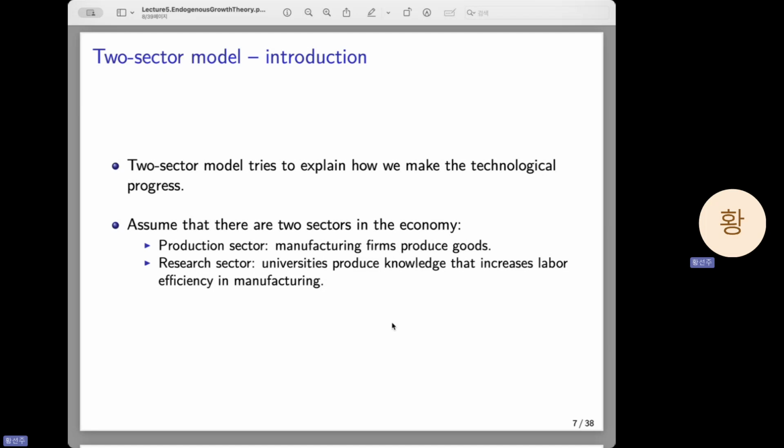So the basic idea of this model is that there are two sectors in the economy. The first is the production sector. The production sector means that manufacturing firms produce goods using capital and labor. The second one is the research sector. The research sector means that universities or research labs produce knowledge which improves labor productivity in the production sector.